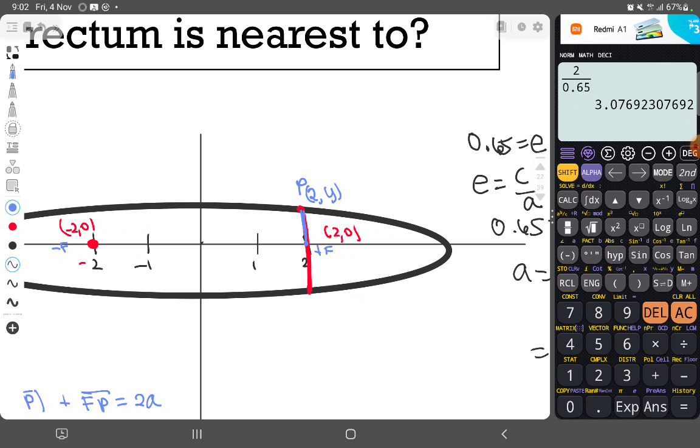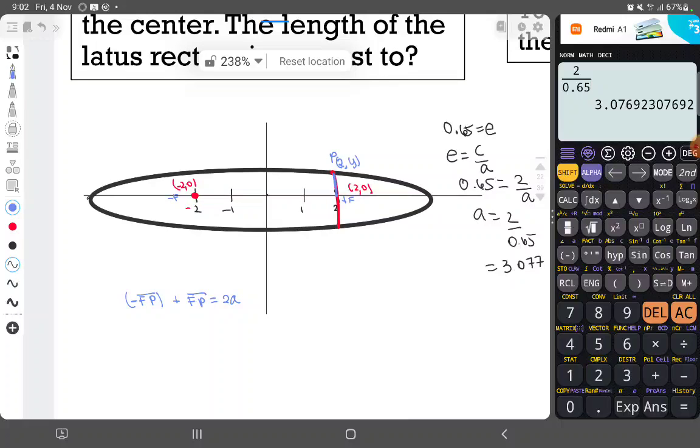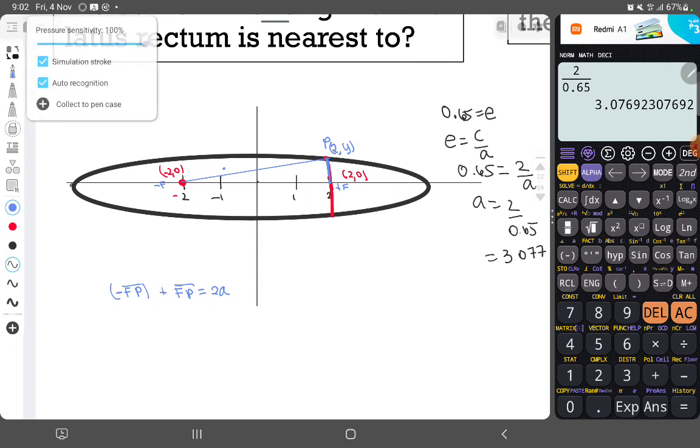From this we can derive our equation of our latus rectum. So if I will create another line connecting this to that, and of course my line PF prime, you would notice that if you would get a distance, let this be our negative FP, and let this be our positive FP.